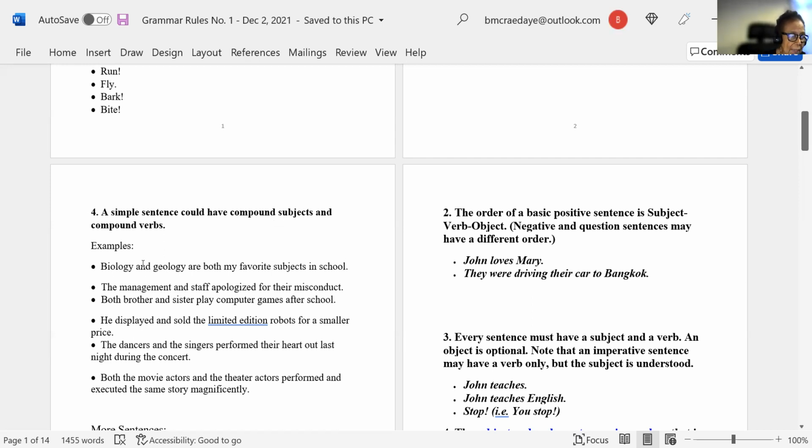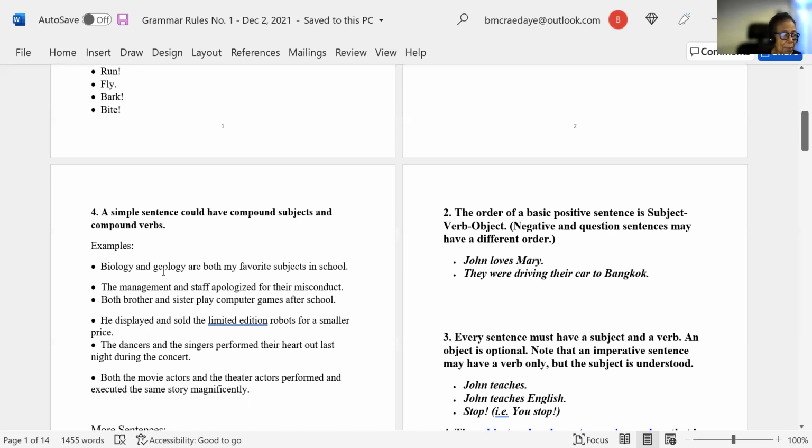Now, the compound subject is biology and geology. In other words, you have two, and these we call the subjects, and these are actually nouns, and the compound verb that goes with biology and geology is the verb are.